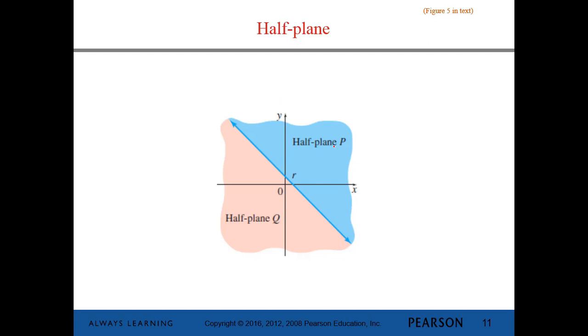One side we would call half plane P, let's say, and we can use whatever letter we want. The other side we could call half plane Q. And then this R here would be, let's say, the boundary line. We usually use lowercase letters to represent lines, and capital letters to represent half planes or points and things like that.